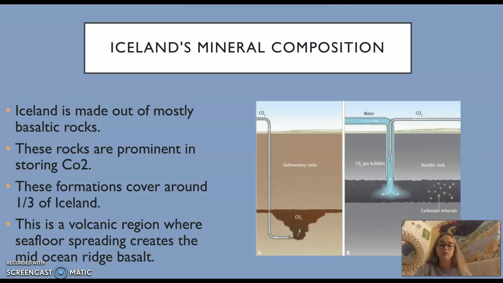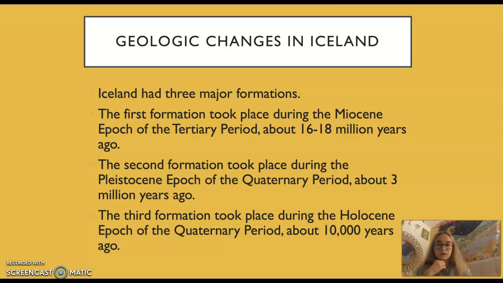These rocks cover around 1/3 of Iceland, and make up mostly 90% of the mineral composition in Iceland. It's a volcanic region, so the seafloor spreading creates the mid-ocean ridge basaltic rocks. The CO2 is also able to be extracted from those rocks.